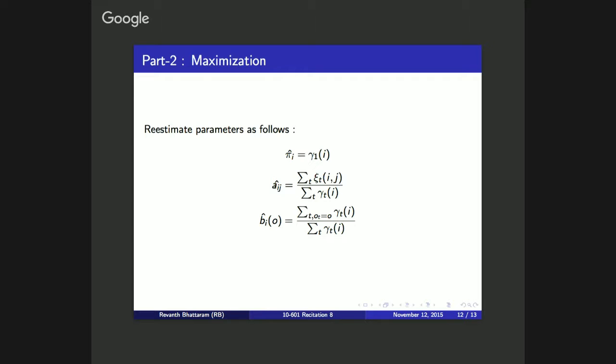So that's going to be our chi t of ij or gamma.